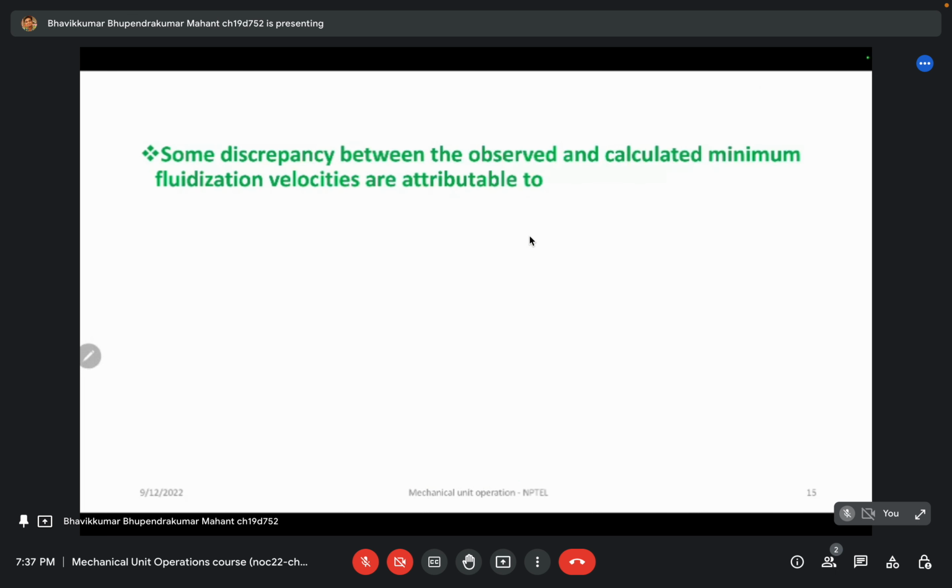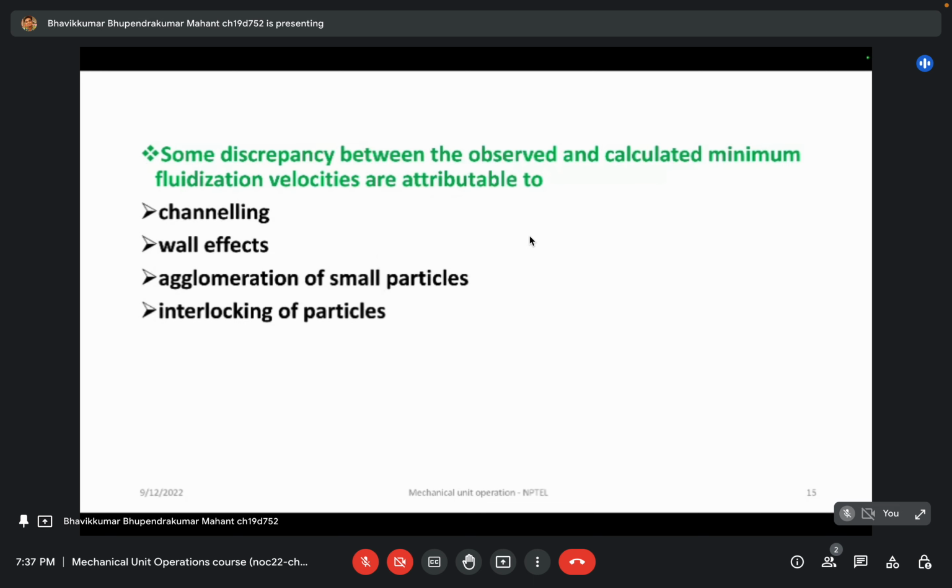Okay, you need to understand, this may be an assignment question: there are some discrepancies between the observed and calculated minimum fluidization velocity. Why are they there? You find some calculated velocities, but they need not be the same as the observed or experimental velocity. Why is that? There might be channeling.